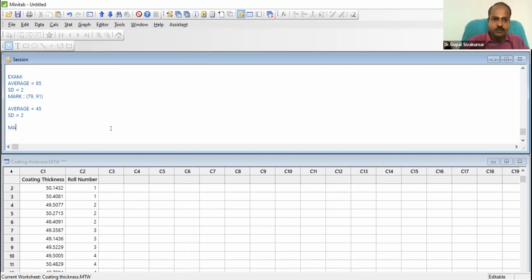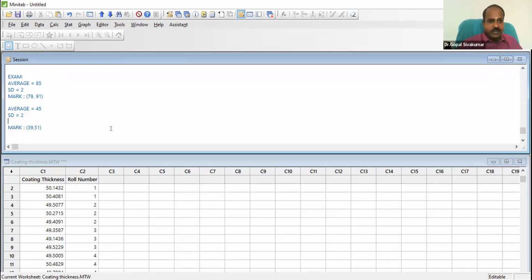What will be the marks of your students? 39 to 51. I am definitely not happy. And what is the reason for your unhappiness? Is it the variation? Variation is the same, standard deviation is 2 in both cases. The reason for the problem is the average.